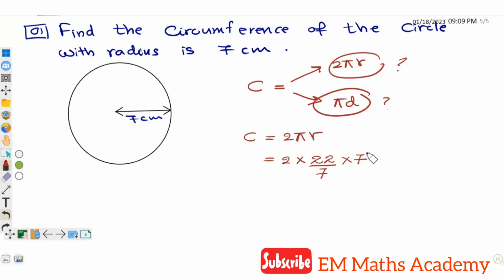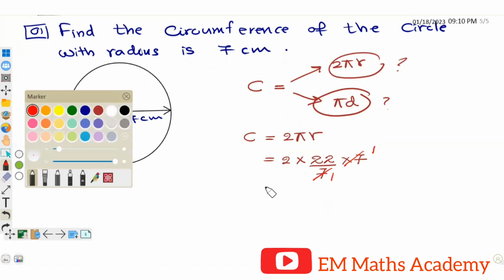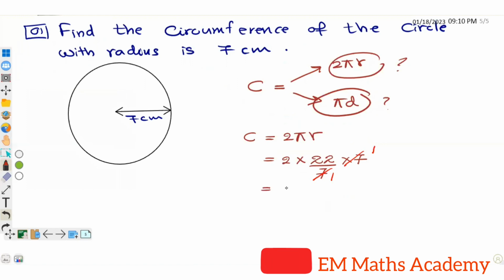Now 7 divided by 7 is 1. 7 divided by 7 is 1. So 2 times 22 is equal to 44. Then you have to write the unit also. Unit is centimeters because radius is given in centimeters. So circumference also should be given in centimeters. Write down this one.